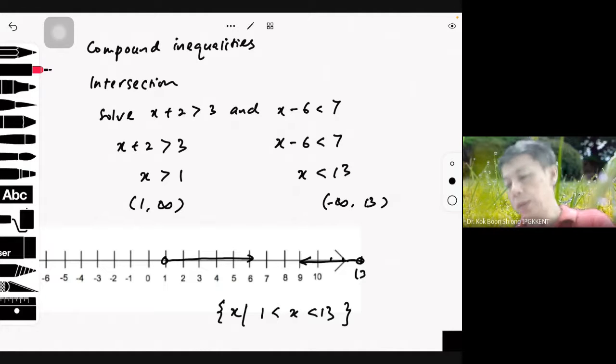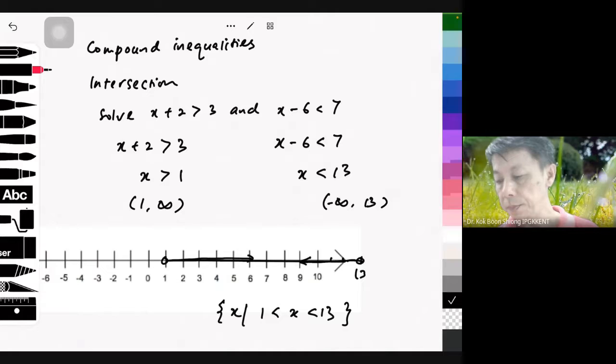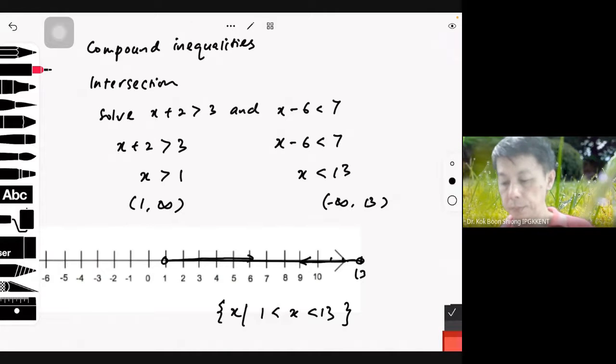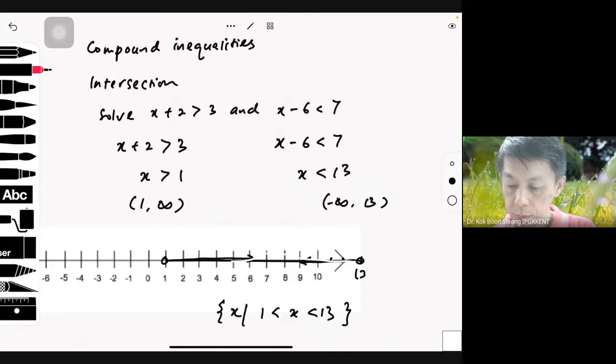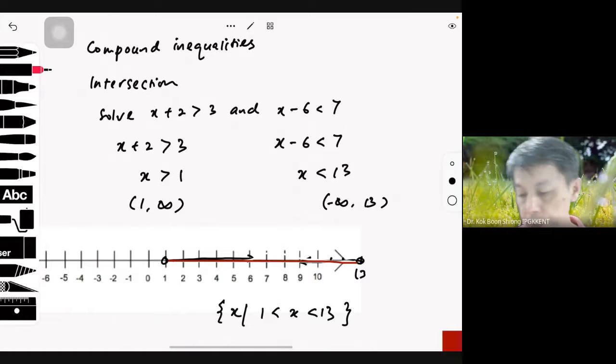Okay, so this is the answer. So this is intersection. Okay, this is intersection.